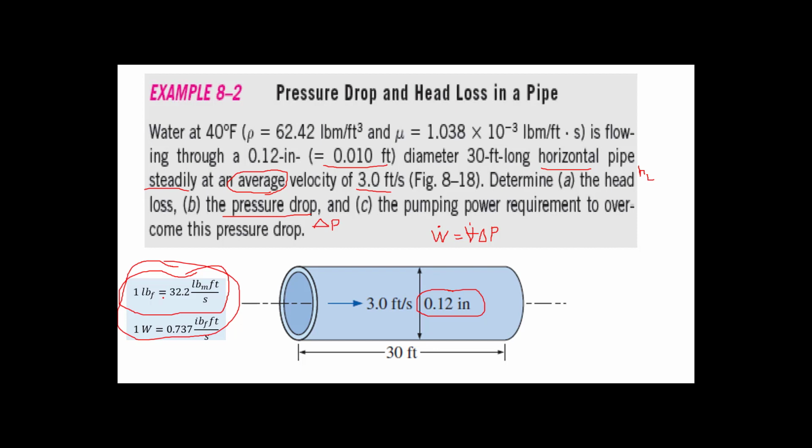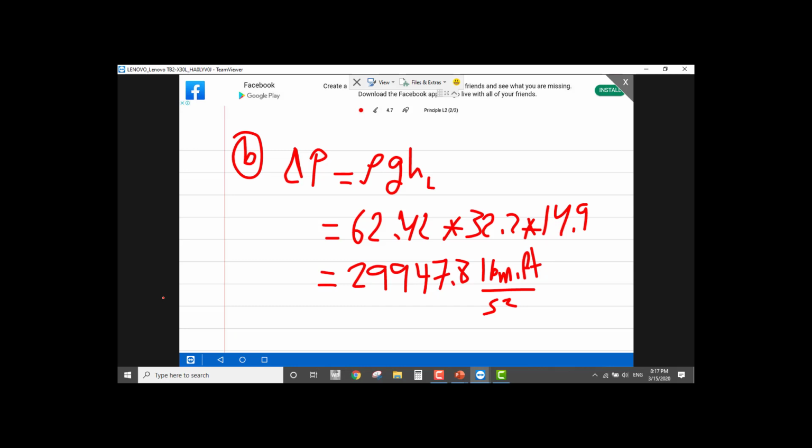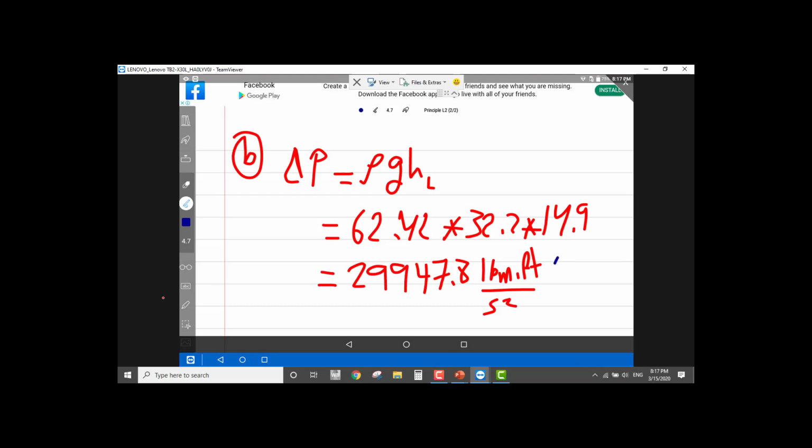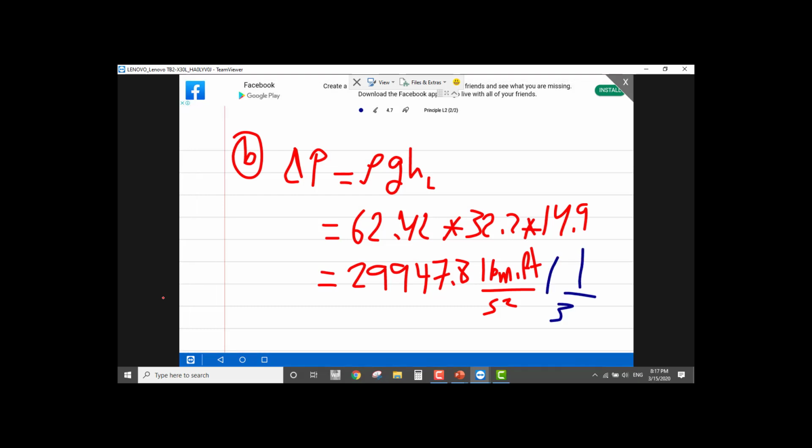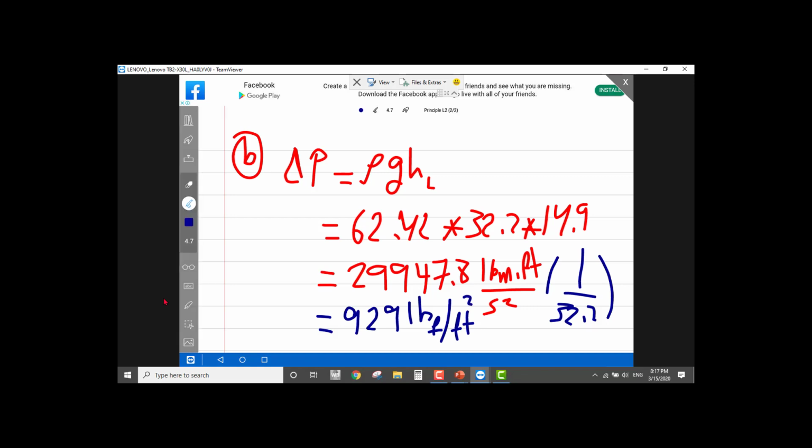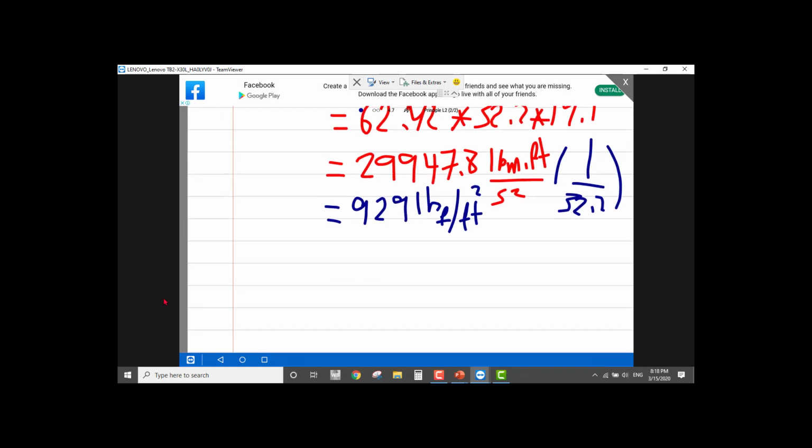So the answer here is multiplied by 1 over 32.2, and the answer is 309 pound force per foot squared.